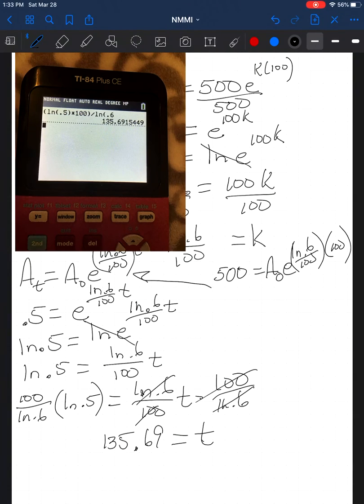That should cancel, so we should get 500 divided by ln 0.6 divided by 100, and that's going to be times 100 equals, all right, so here we go.